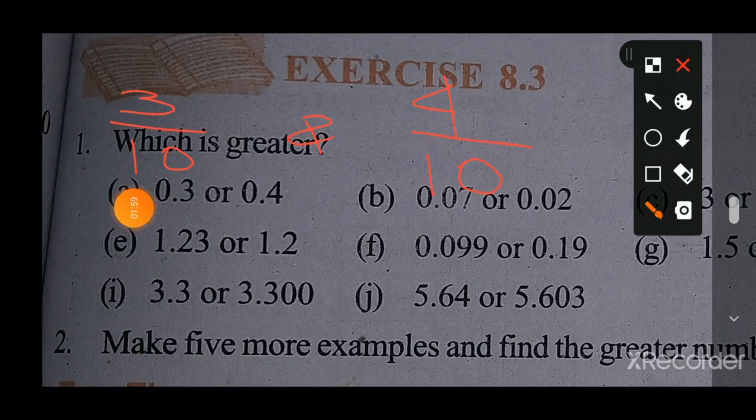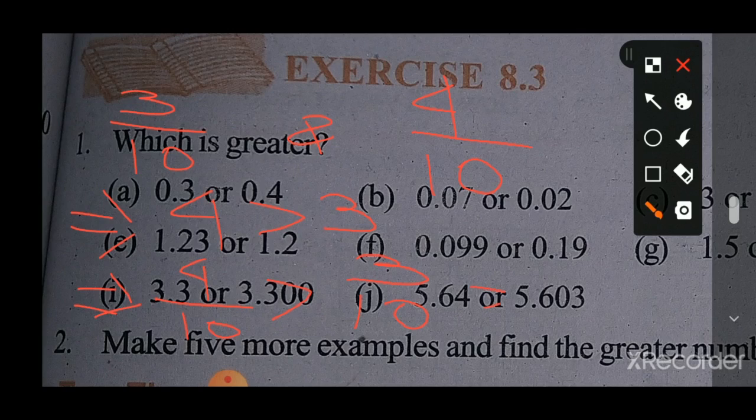Now the denominators are same, so we compare the numerator and numerator. The first numerator is 3 and the second numerator is 4. So the 4 is greater than 3. It means 4 by 10 is greater than 3 by 10.